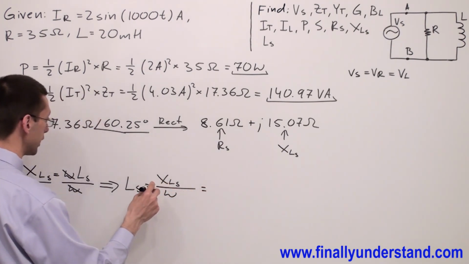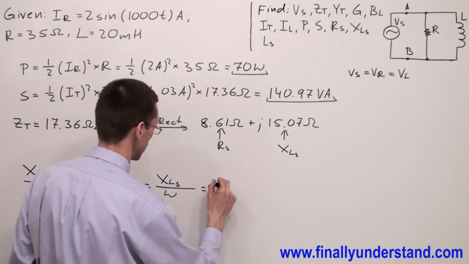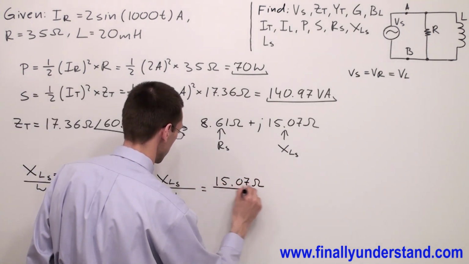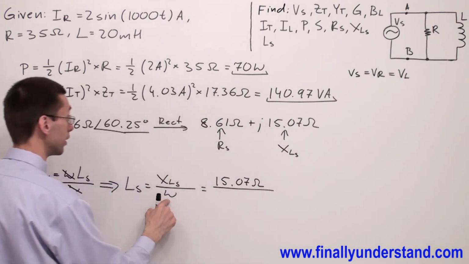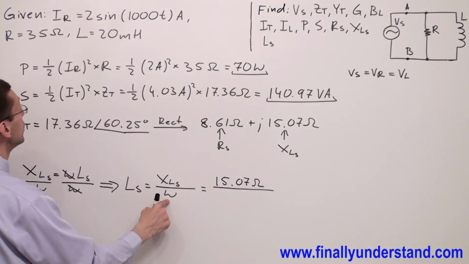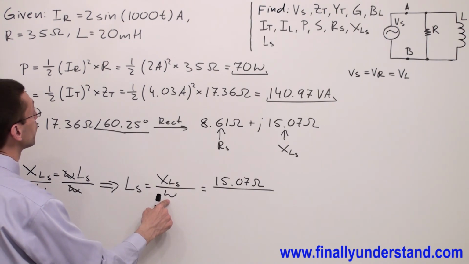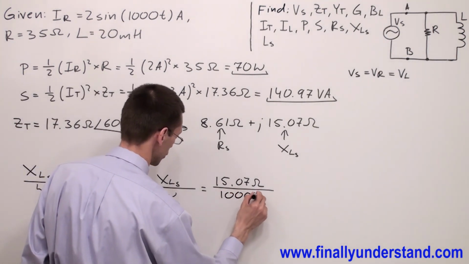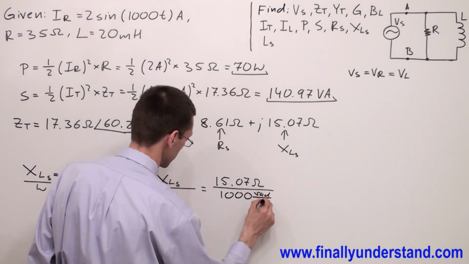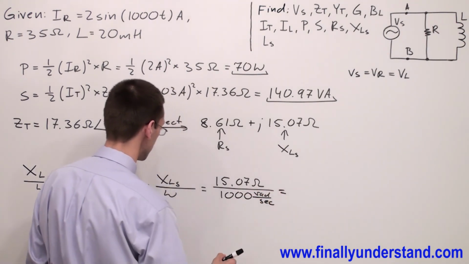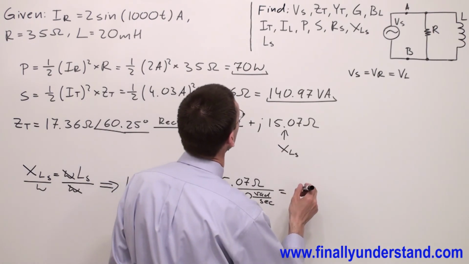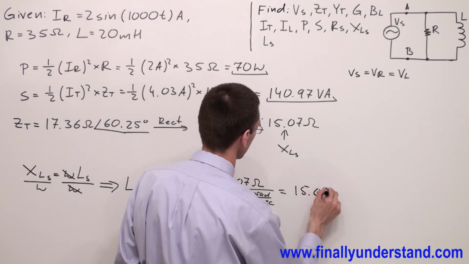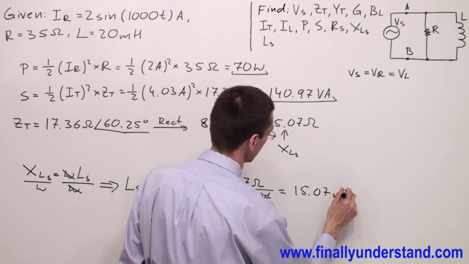So if X of Ls we found is equal to 15.07 ohms divided by omega, which is equal to 1000, of course, radians per second, this is equal to 15.07 millihenries.